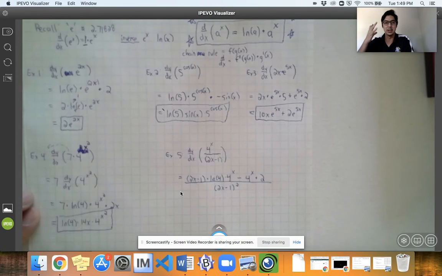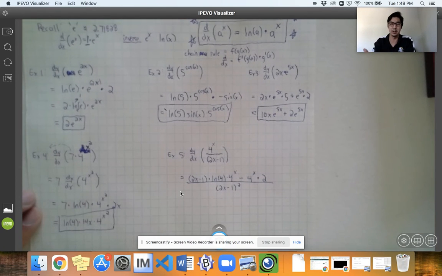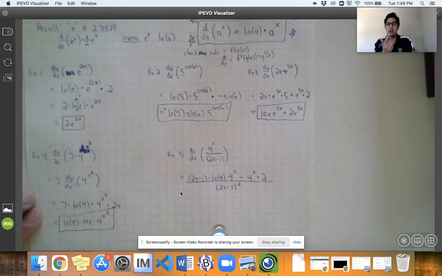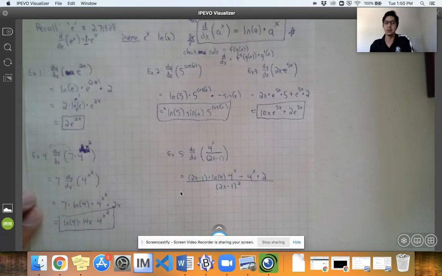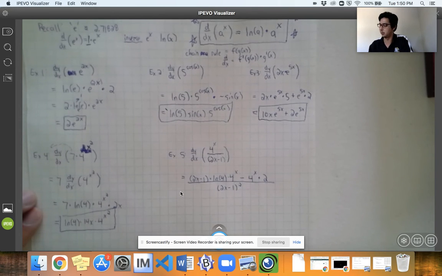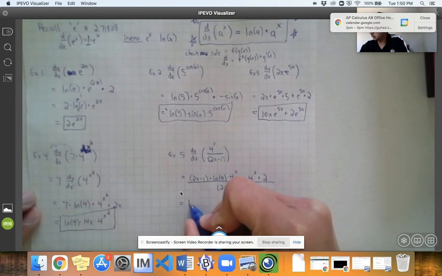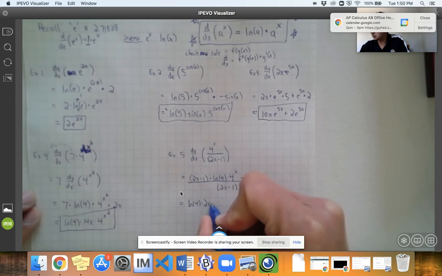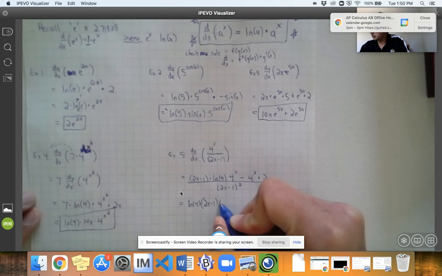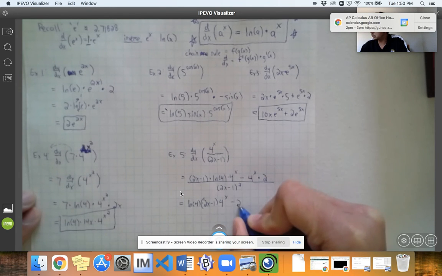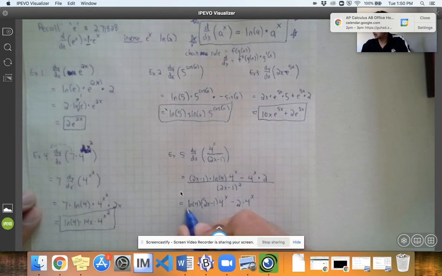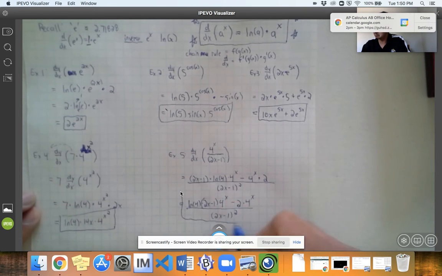So notice how I have these sayings memorized, and that's why I highly recommend you do the same thing with product rule, chain rule, and quotient rule, because those come up a lot in calculus, and you want to know how to handle that situation. Cleaning this up, I'll just put the natural log 4 in front, then times the 2x minus 1 times 4 to the x minus 2 times 4 to the x all over 2x minus 1 squared. Doesn't look cleaner, but say it's a little cleaner.